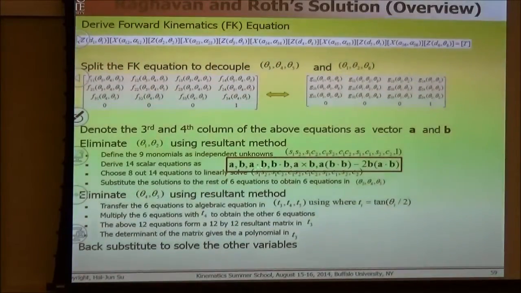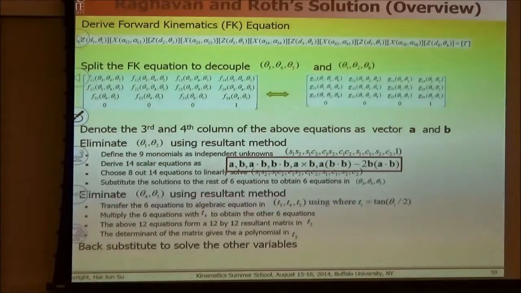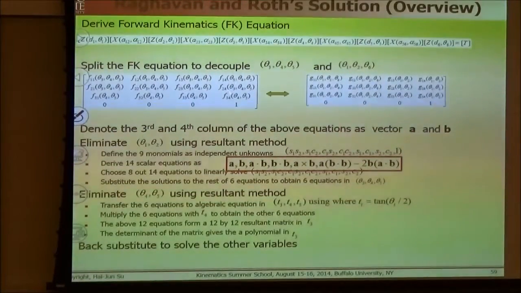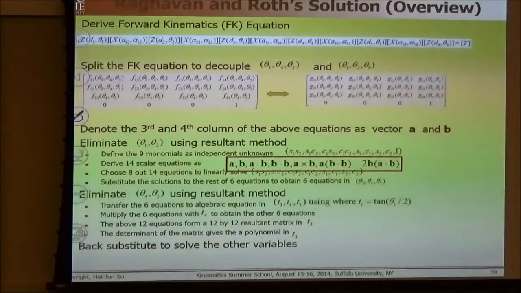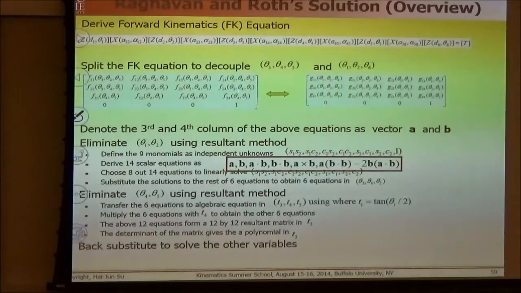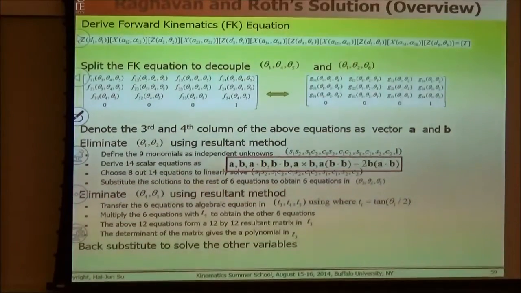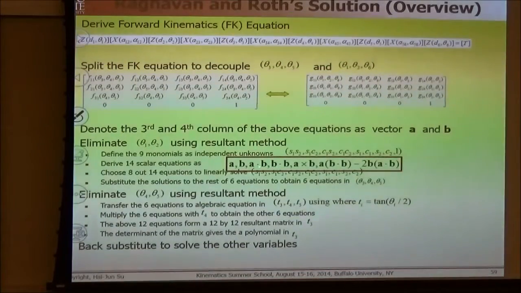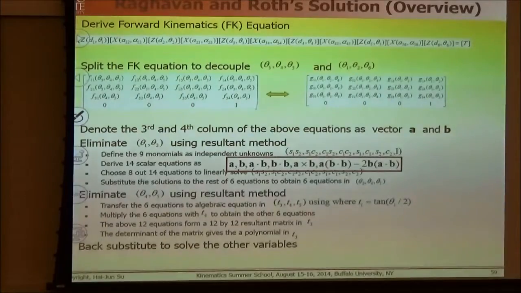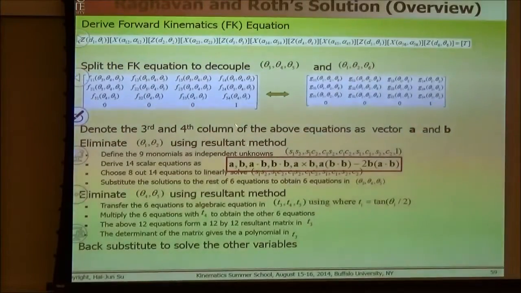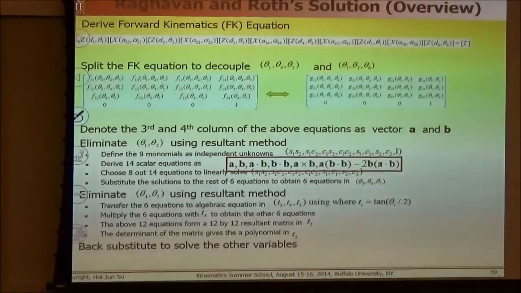For instance, A dot B: A is the z-axis, and B is the vector from the origin of this coordinate system to the origin of the global system, to the origin of the fixed joint axis. So if you do the dot product, it is the projection of this vector onto the z-axis. So there's some geometrical meaning for that.